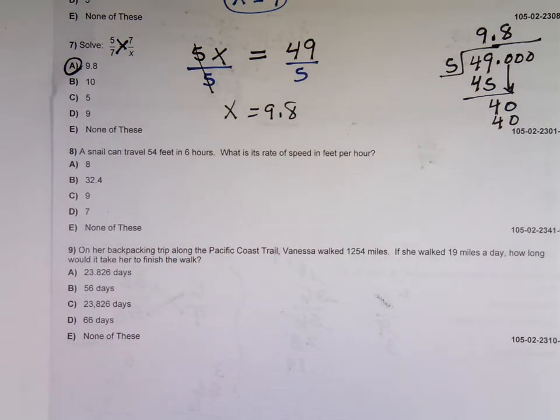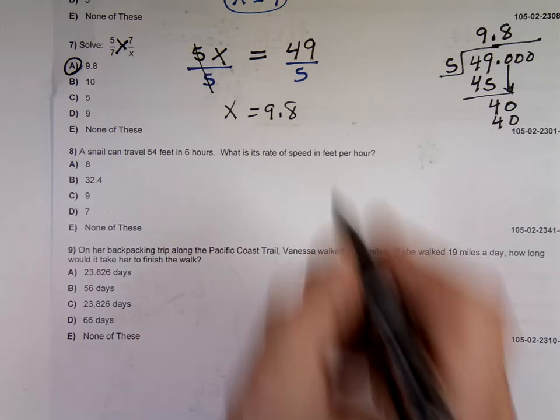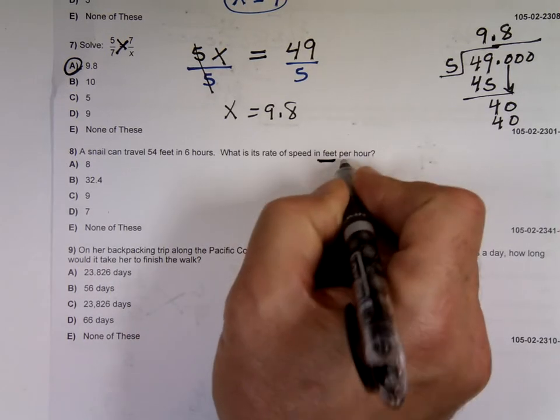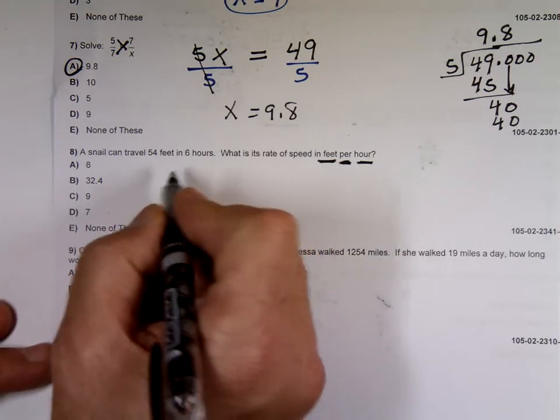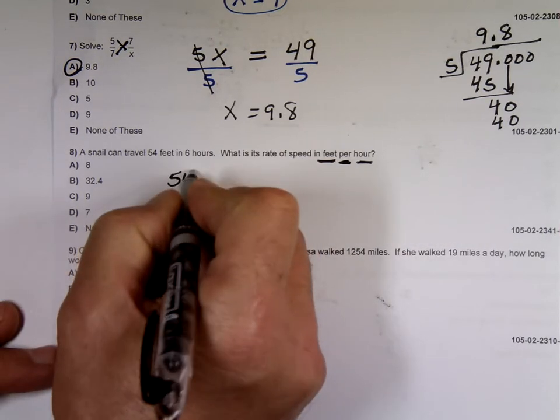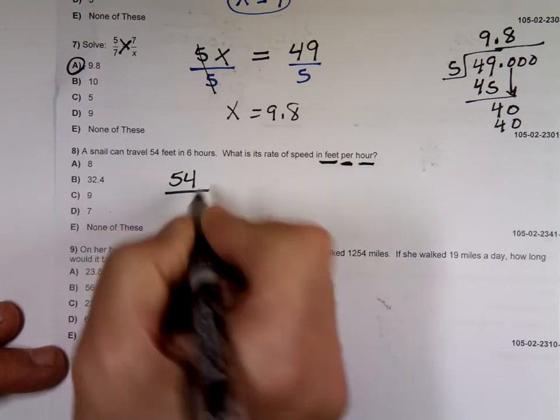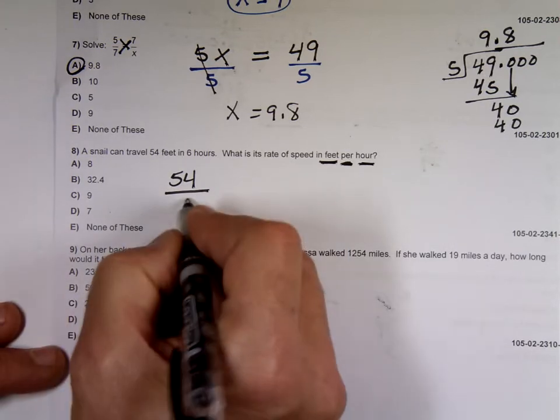A snail can travel 54 feet in 6 hours. What is the rate of speed in feet per hour? Feet per hour. That means I have to write feet first. How many feet did it travel? 54. Per means divided by how many hours? 6.